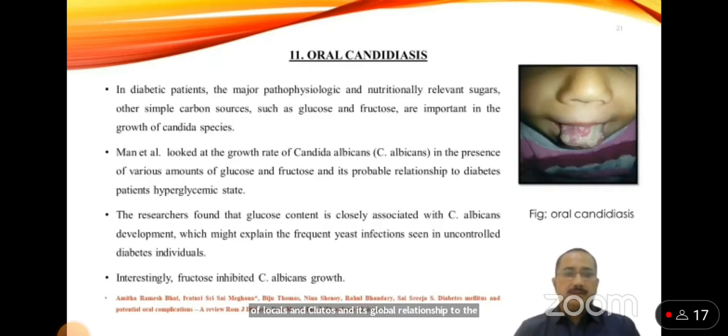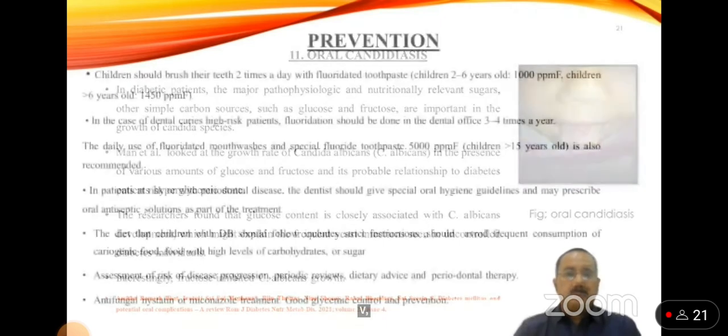Researchers found that glucose content is closely associated with Candida albicans development, which might explain the frequent yeast infections seen in uncontrolled diabetic individuals. Interestingly, fructose inhibited Candida albicans growth.